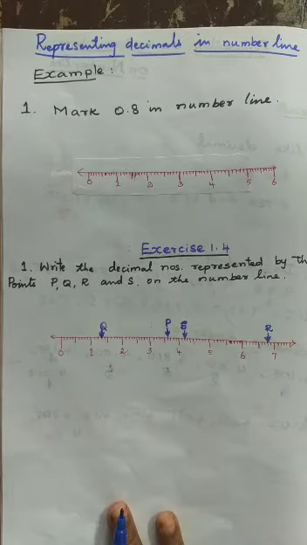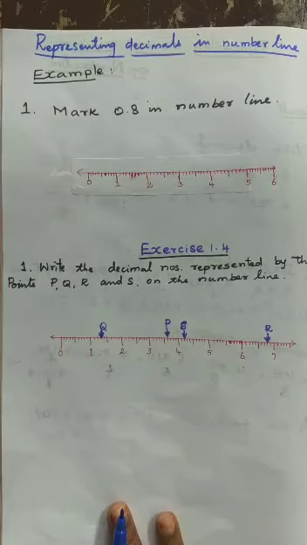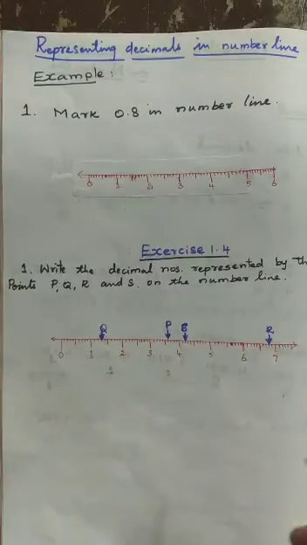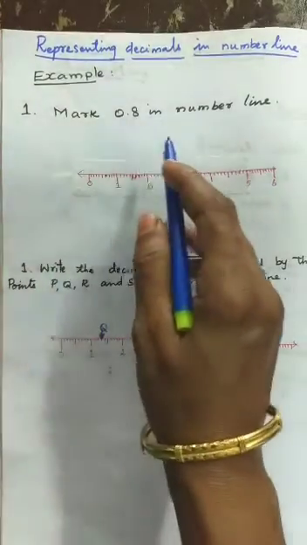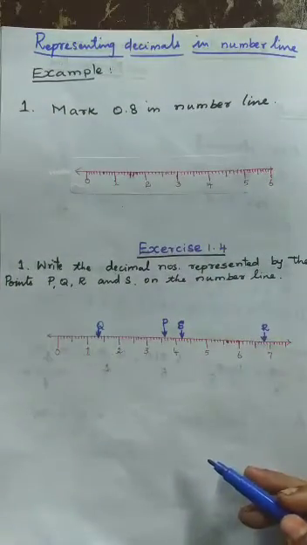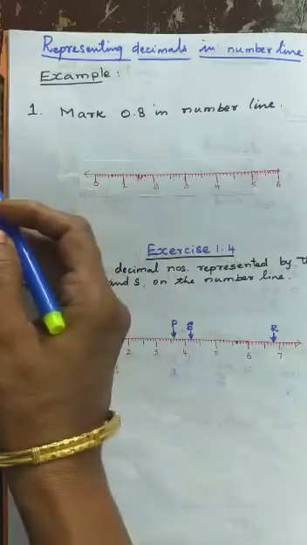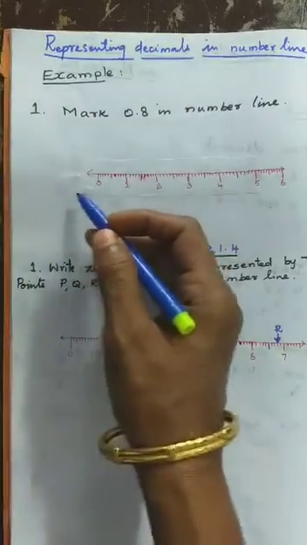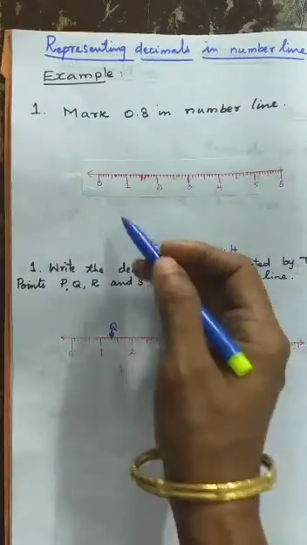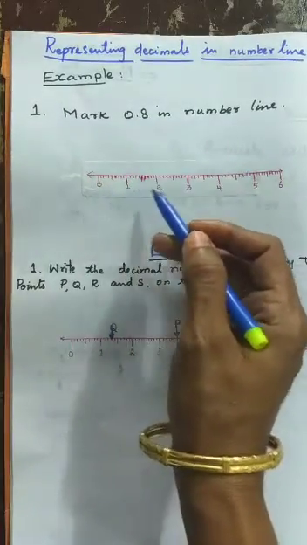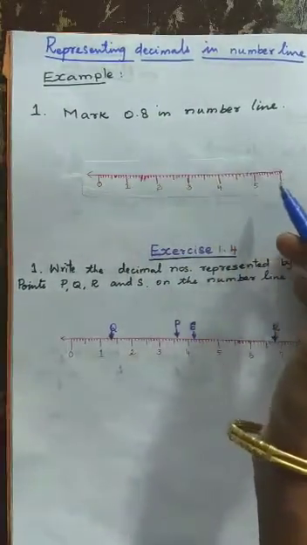Okay. Representing decimals on number line. We shall see one example of how to mark a decimal number on a number line. Mark 0.8 on the number line. This is a scale on the number line. This side it will come as -1, -2, -3. Here it is positive, so we are taking 0, 1, 2, 3, 4, 5, 6.